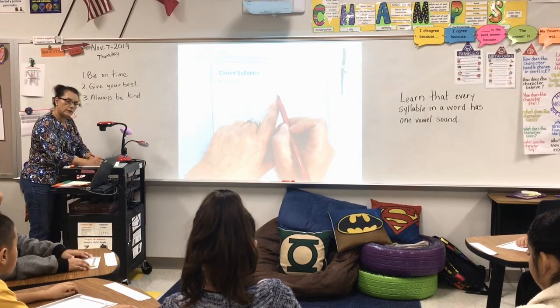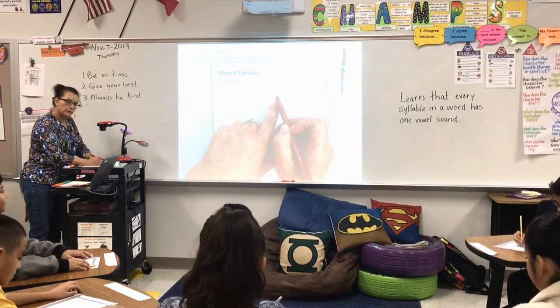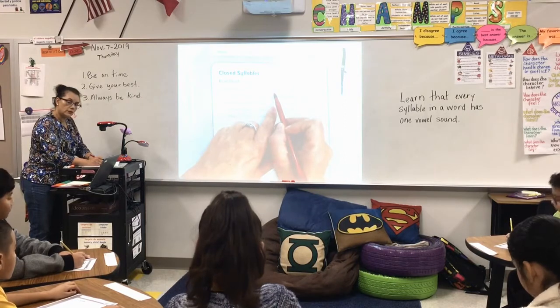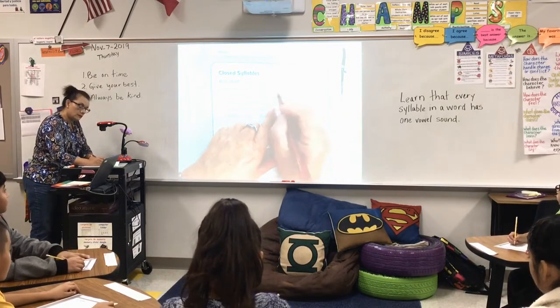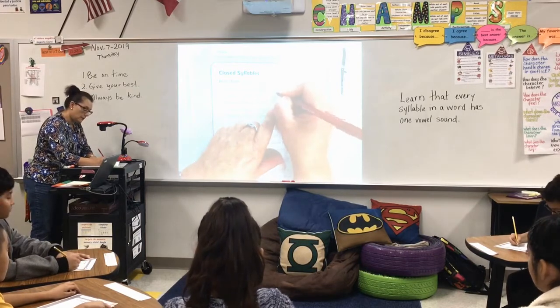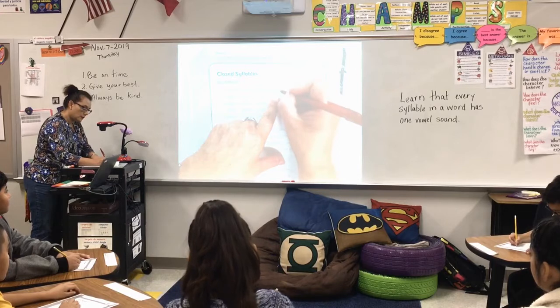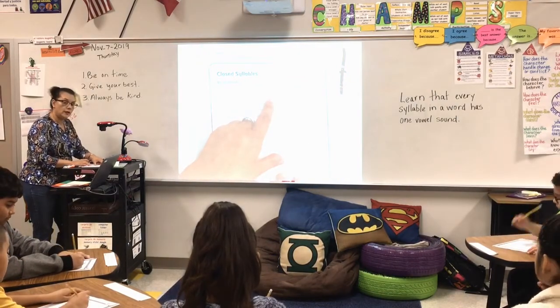Where could I divide it to make it a 2-syllable word? Okay, what's this letter? A consonant or a vowel? A vowel. It is. How about the next? Consonant. Mm-hmm. Consonant. Vowel. Consonant. Consonant. So where would I divide it?